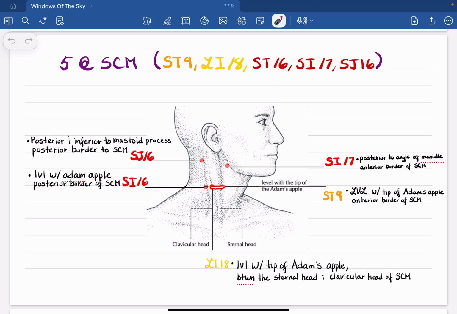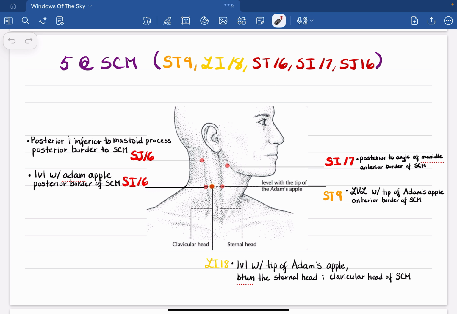It's level with it, and it's between the sternal head and the clavicular head of the SCM. So the way you would find LI18, you would first find the Adam's apple, you level it, but always keep in mind, I have to find the sternal head and the clavicular head. It's in between the midpoints of these, lateral to the Adam's apple. And that's how you would find LI18.